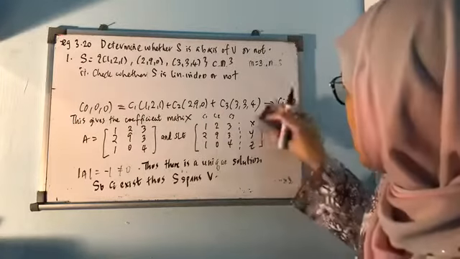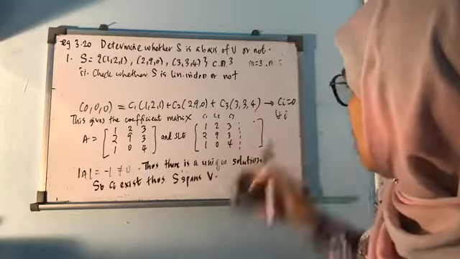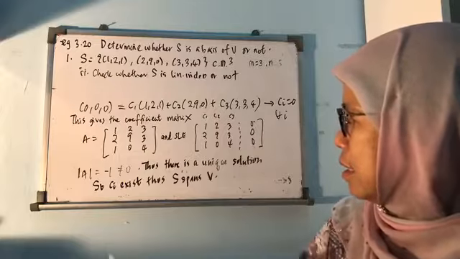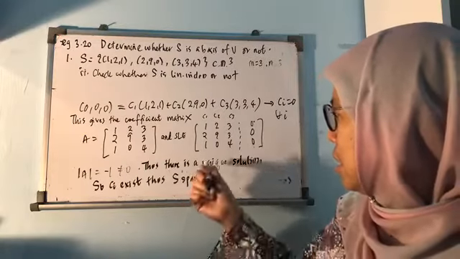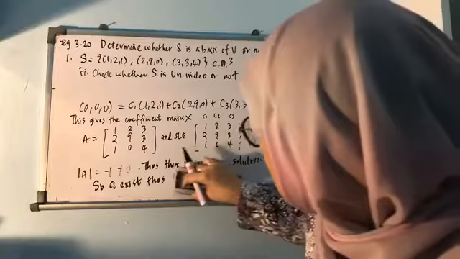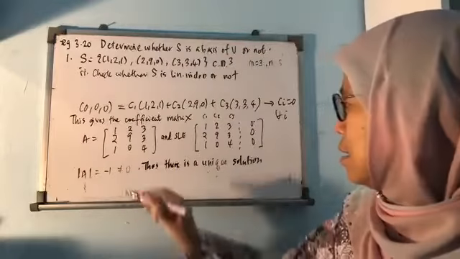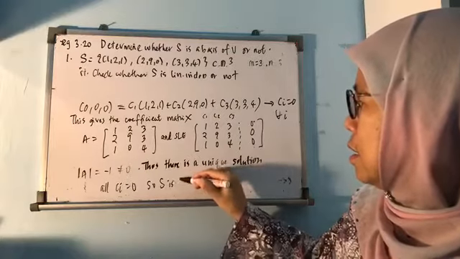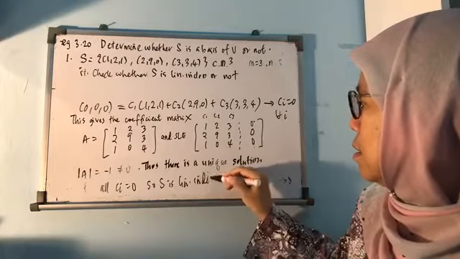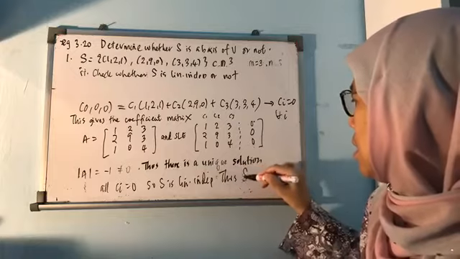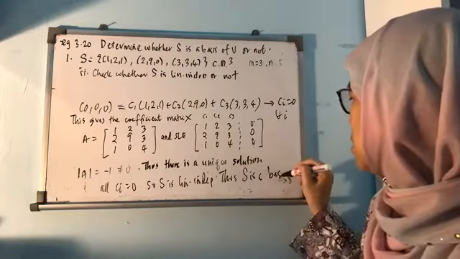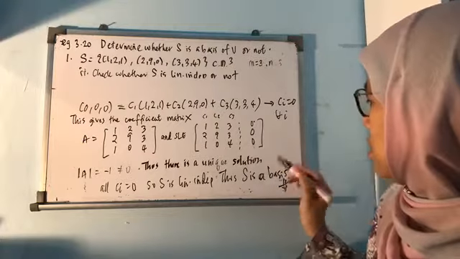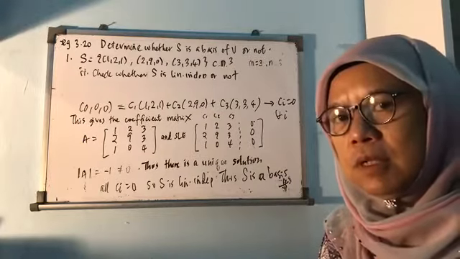Then you will write again like this. The determinant is not 0, there is a unique solution, meaning all Ci is 0, so S is linearly independent. Thus, S is a basis. This is the final answer. Don't forget to write the final answer. It is a basis.